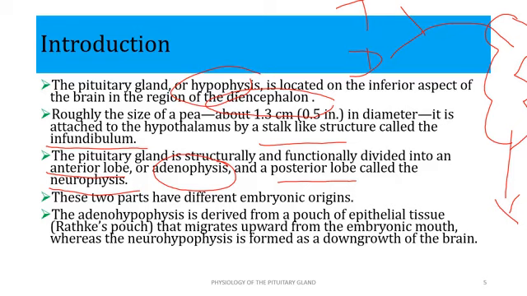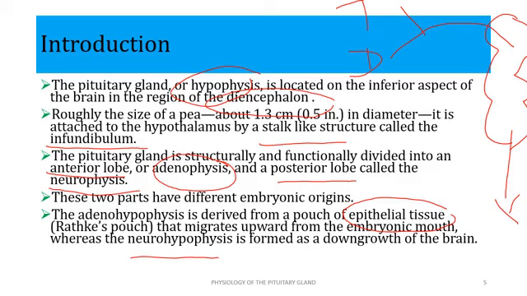the hypothalamus. The adenohypophysis is derived from a pouch of epithelial tissue, sometimes known as Rathke's pouch, which migrates upward from the embryonic mouth, whereas the neurohypophysis is just a downward growth of the brain.